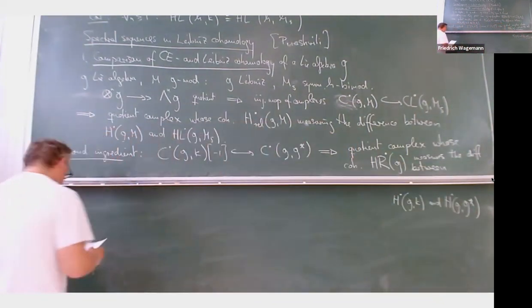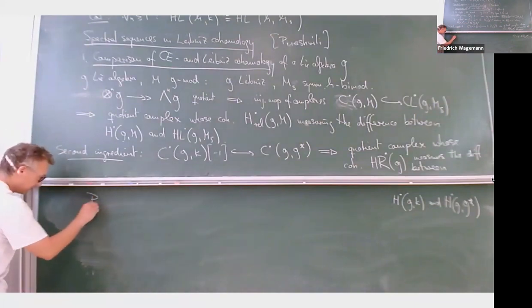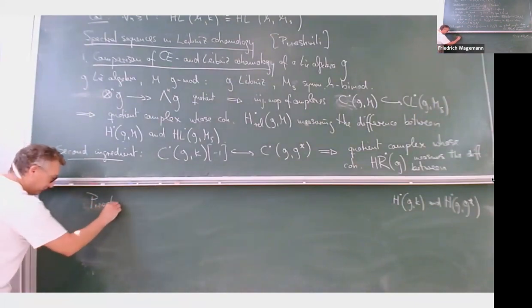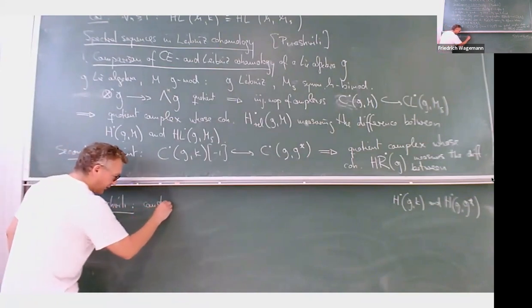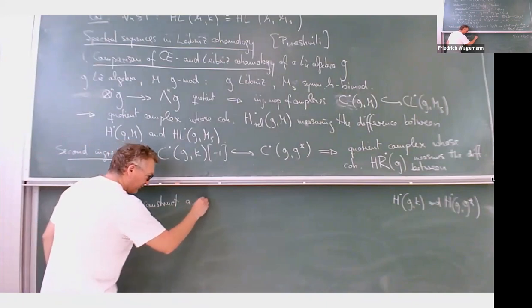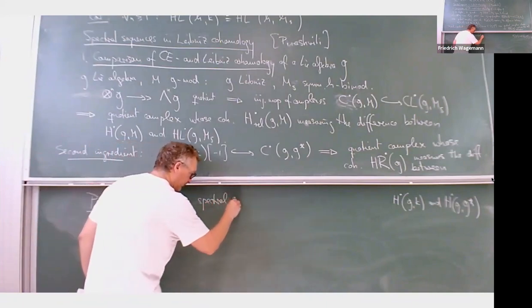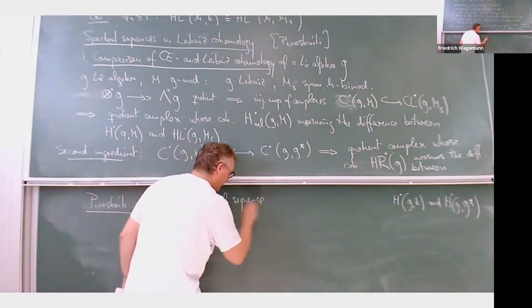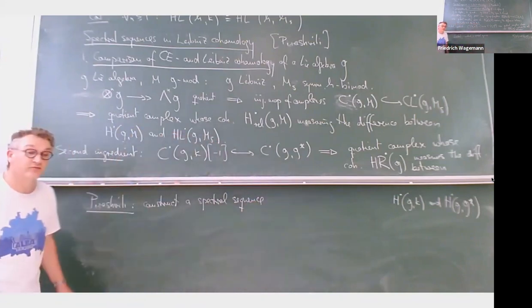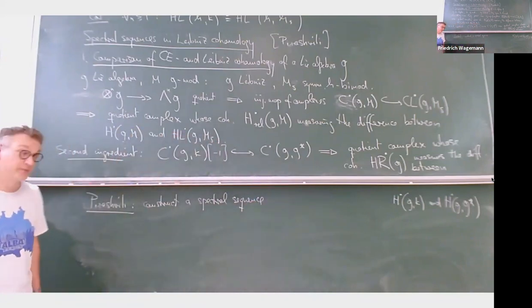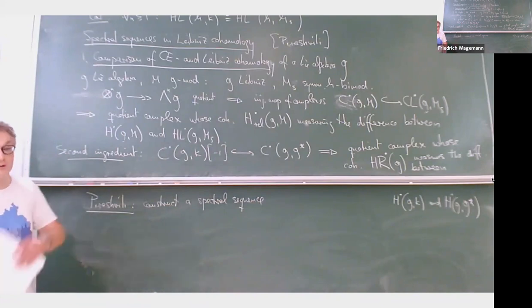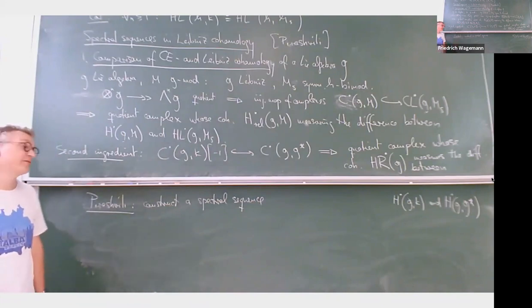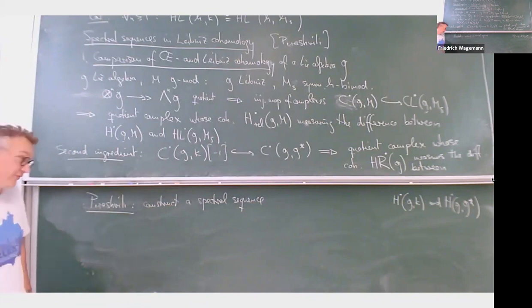And what Pirashvili does is construct a spectral sequence. In case you want to know how this is constructed explicitly, please look either in Pirashvili's paper in the homology context or in the cohomological framework in our paper with your friend.